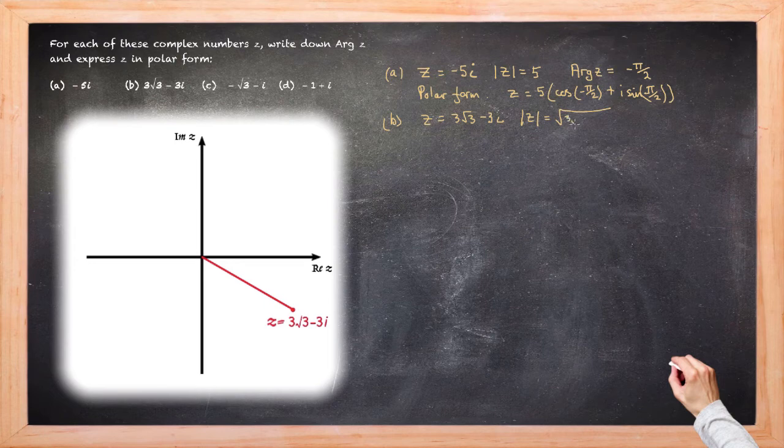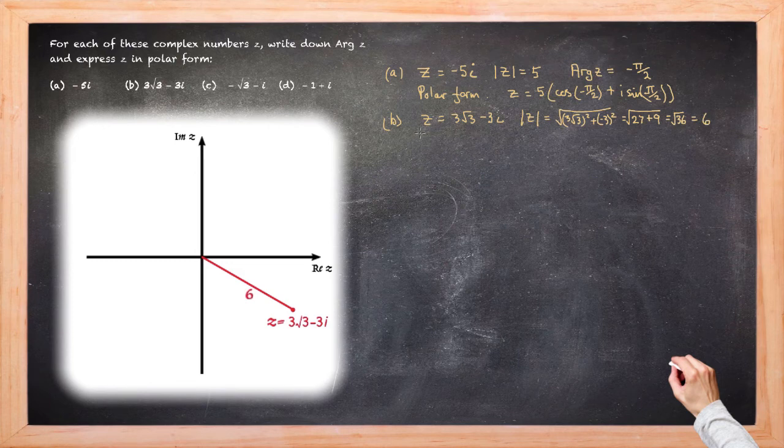And the real part is 3 root 3, so we square that, plus the imaginary part is negative 3, and we square that. Now 3 times 3 is 9, root 3 times root 3 is 3, 9 times 3 is 27, plus negative 3 times negative 3 is 9, 27 plus 9 is 36, root 36 is 6, so we have a modulus of 6.